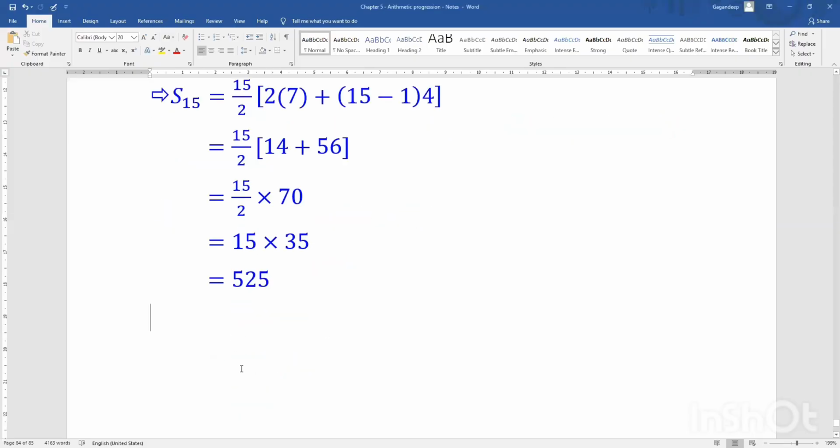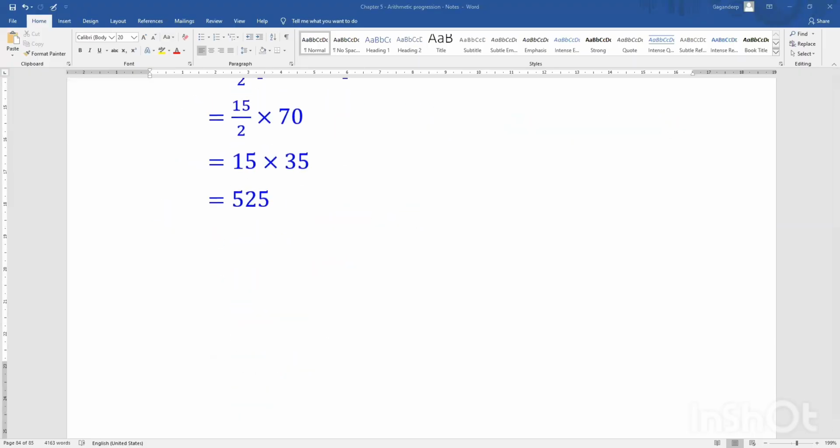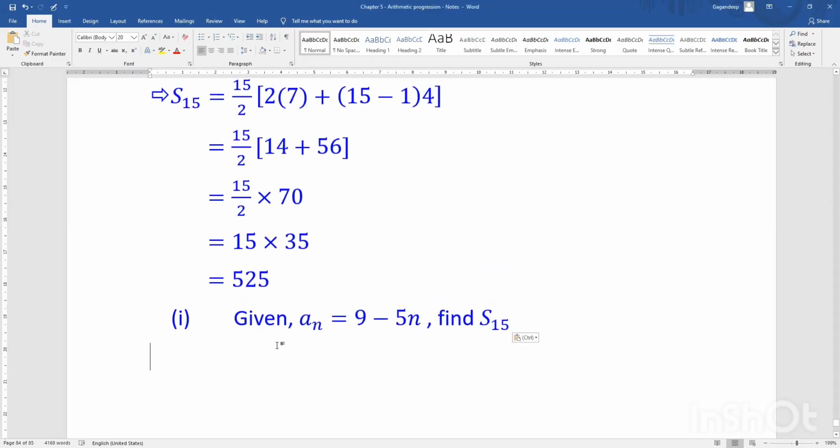Now we move on to the next question. So then we have a second part, the second sub question. For the second sub question, we have an as 9 minus 5n, and again we need to find out S15 also. So for that, first we shall find out a1 and a2. So replace n with 1.